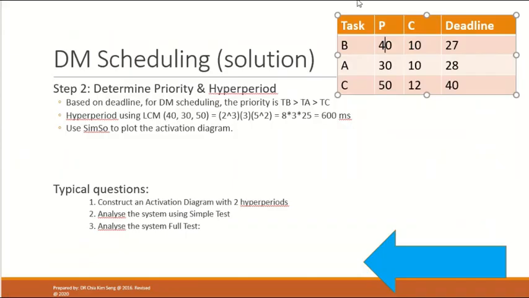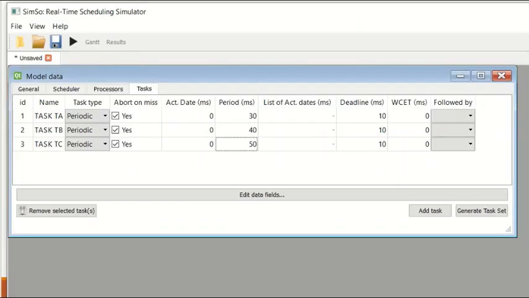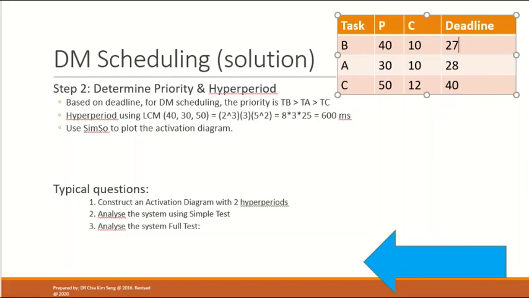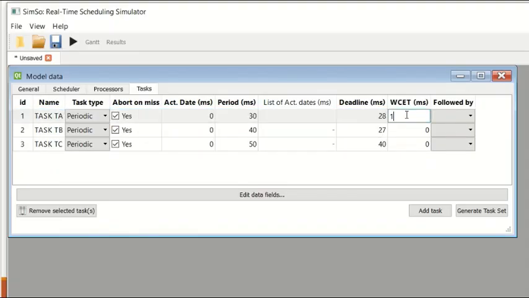Then we have 28, 27, and 40 for the deadlines. And then our CPU time is 10, 10, and 12.